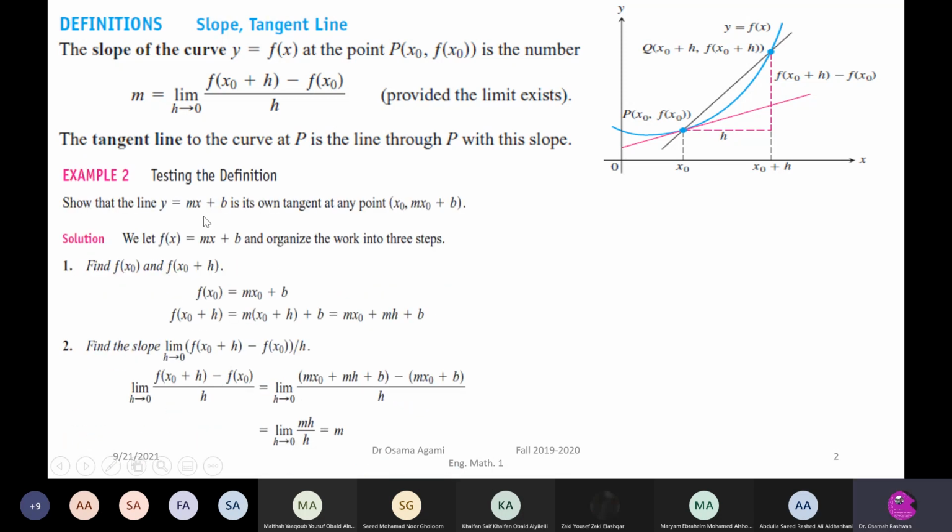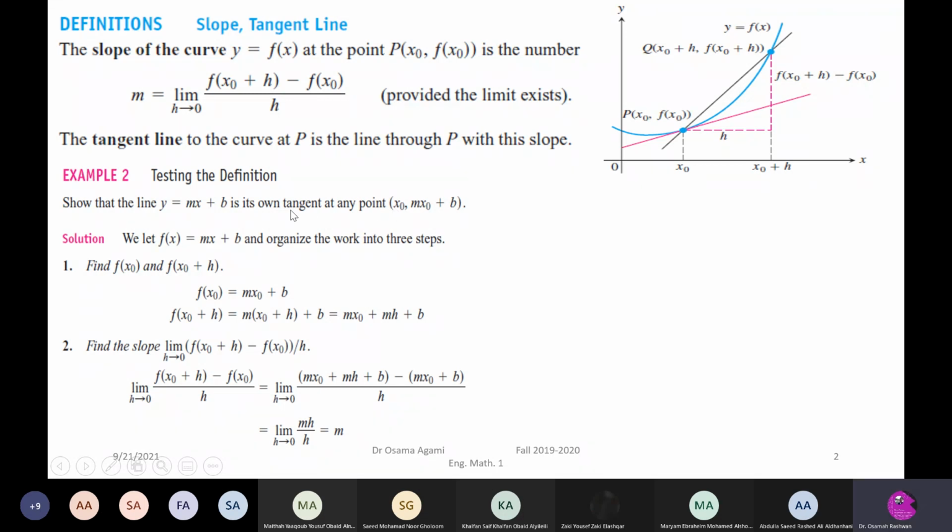Let's go for the line equation. We know this is the general formula of the line equation, and we would like to find the tangent at the point x naught, mx naught plus b. What we are going to do is find the value of the function at the point we are going to find the tangent at.